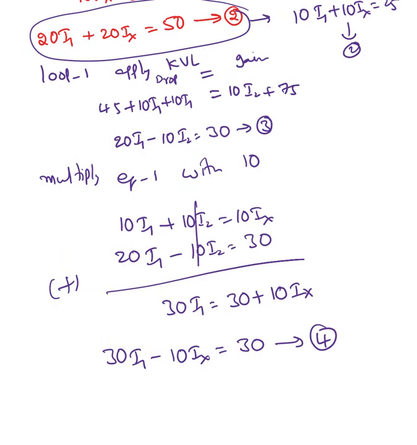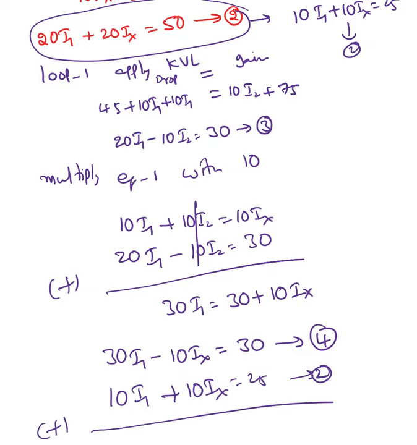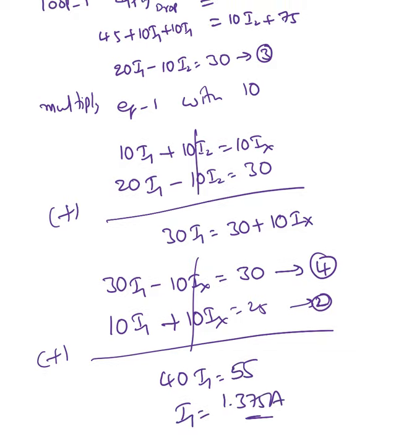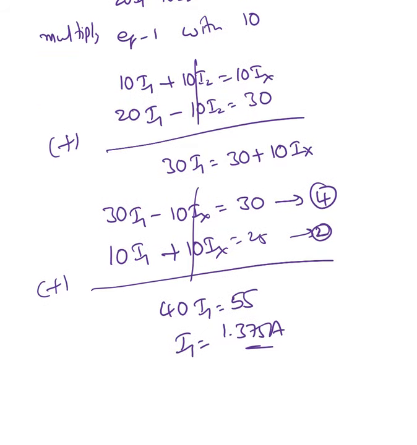I'm going to write equation 2 here: 10 I1 plus 10 Ix equals 25. Now I'm adding these two together. So Ix gets cancelled out. 40 I1 equals 30 plus 25, which is 55. What is I1? I1 equals 1.375 amperes.